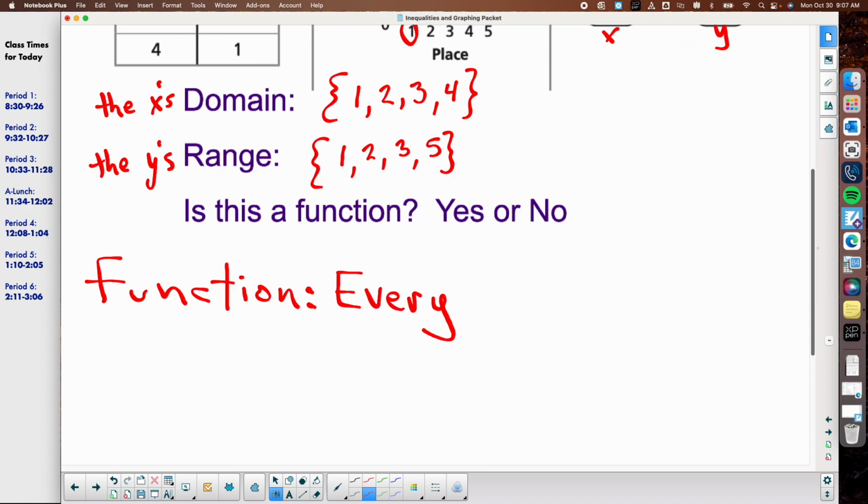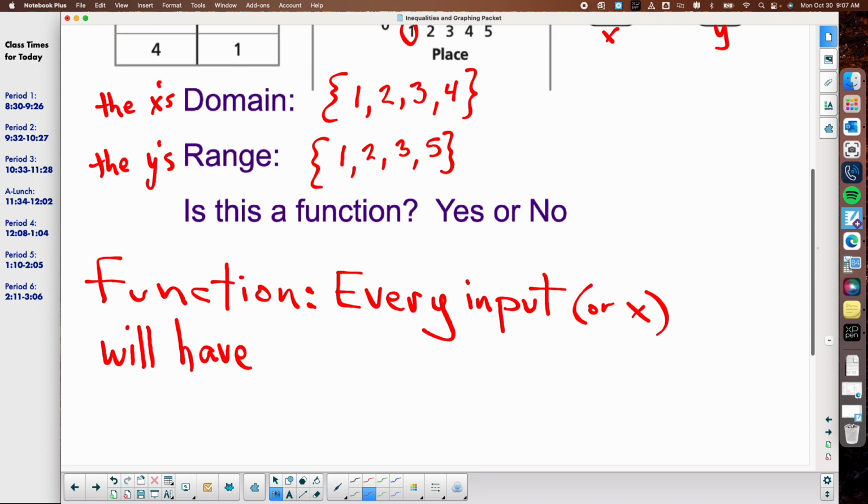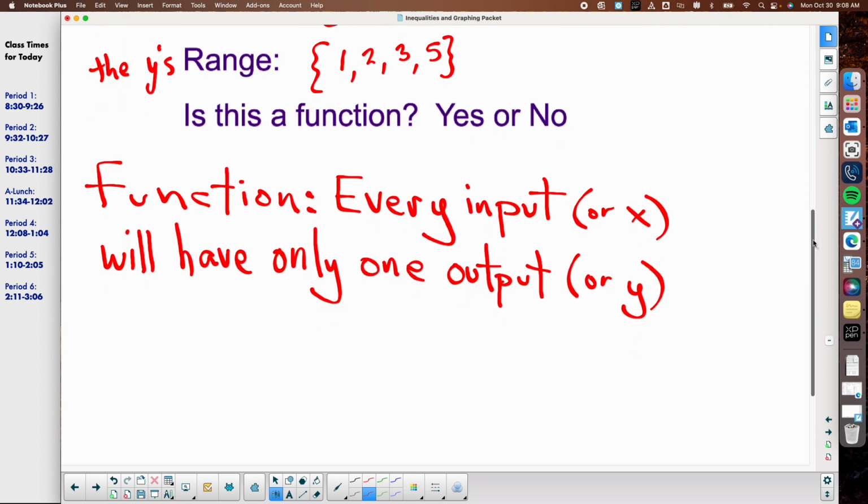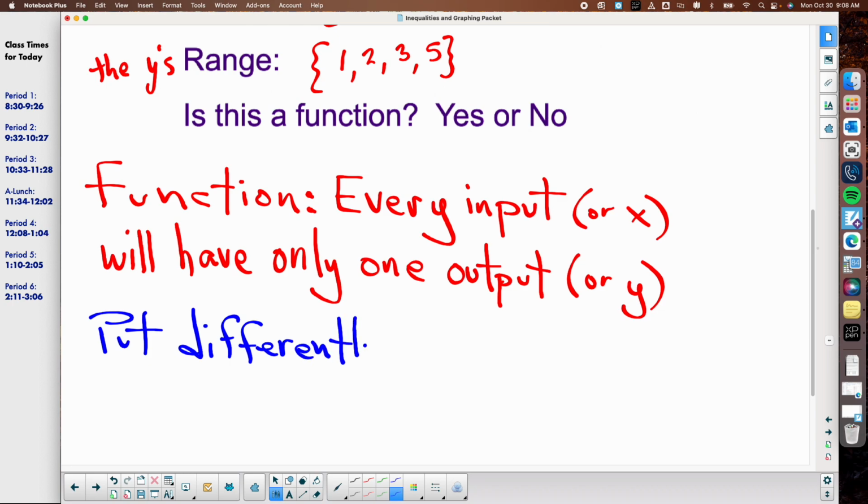Well, strangely enough, I can't write from the side. And yes, I will move in a minute.